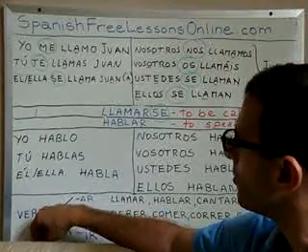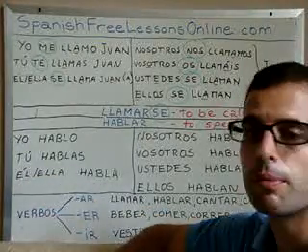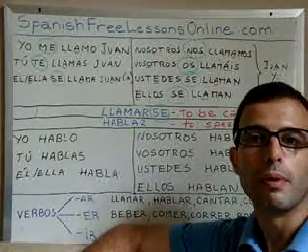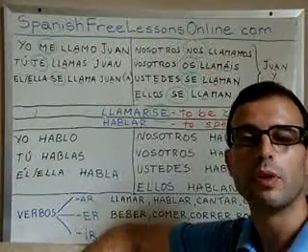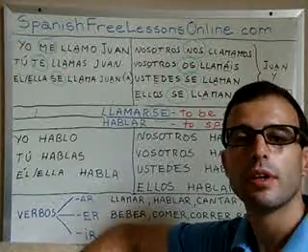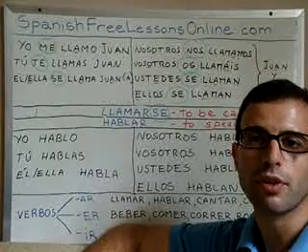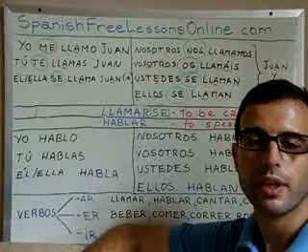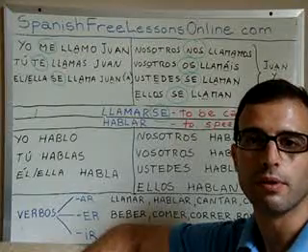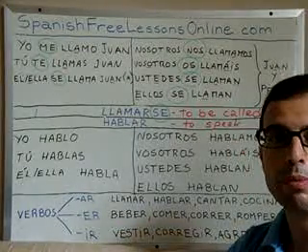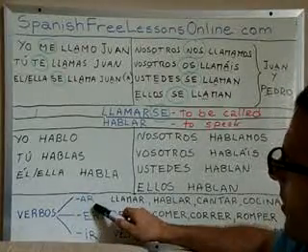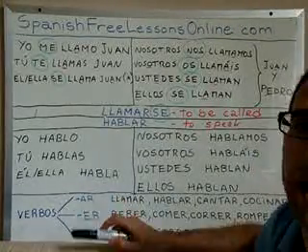Now, first of all, I want to show you something. In Spanish, most verbs fit into what we call the regular verbs. Then we have a smaller group of verbs that are the irregulars. And the regular verbs fit in three different categories. We have the verbs which have an ending in ar, A-R.